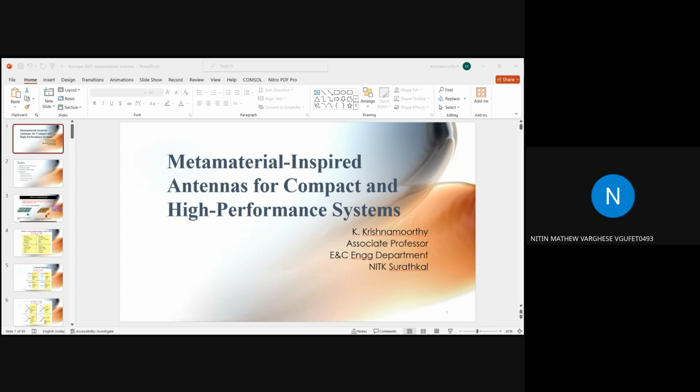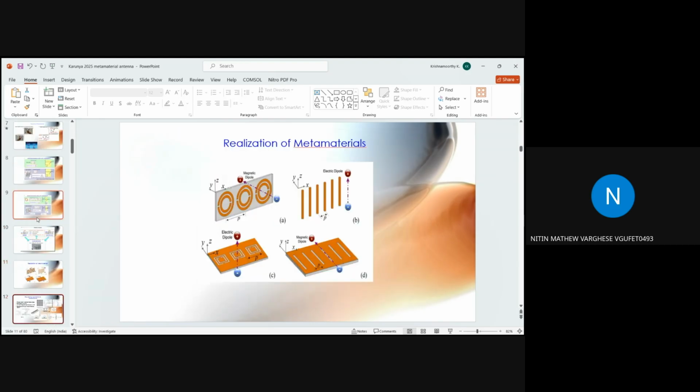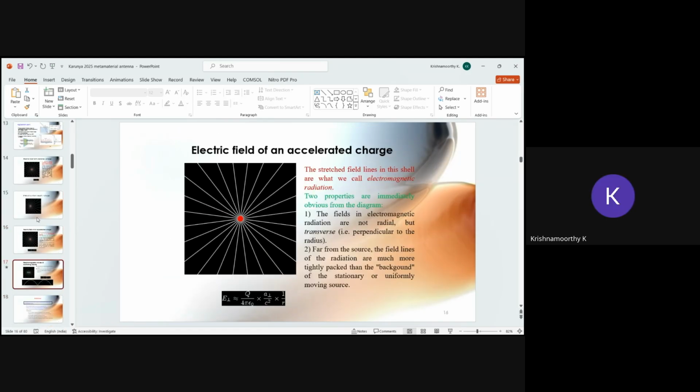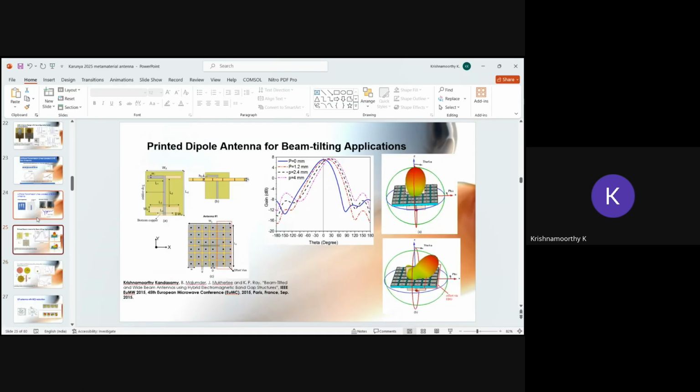In one of the slides where you showed the design, you moved the edges, and the angle of radiation tilted to 45 degrees. I wanted to ask if the same can be used to have variations. You are talking about this design? Yes, sir, absolutely.